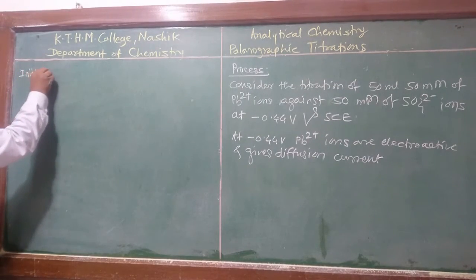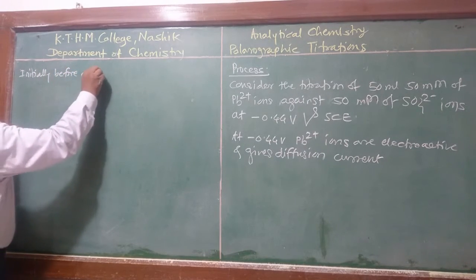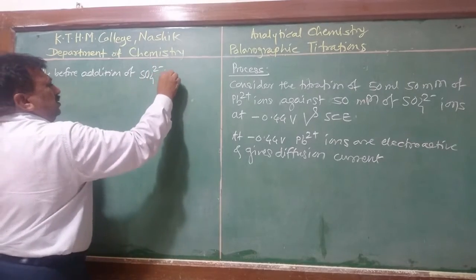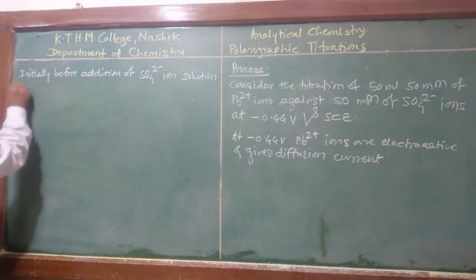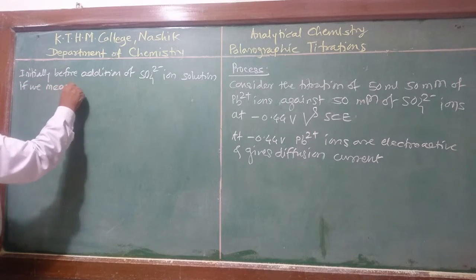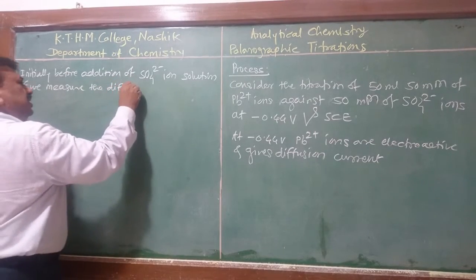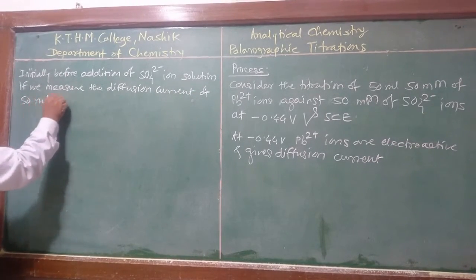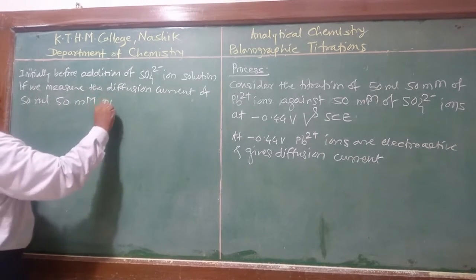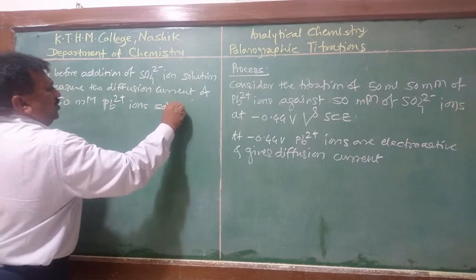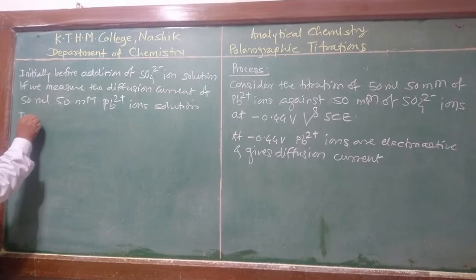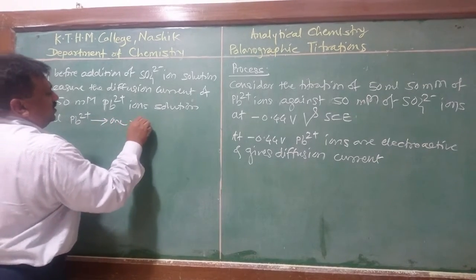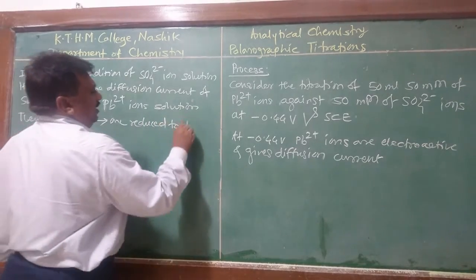Initially, before addition of sulfate ion solution, if we measure the diffusion current or limiting current of 50 ml, 50 millimole of lead ion solution, then all Pb2 plus are reduced to Pb.